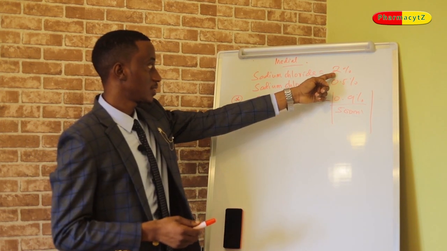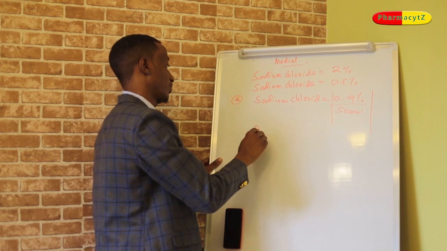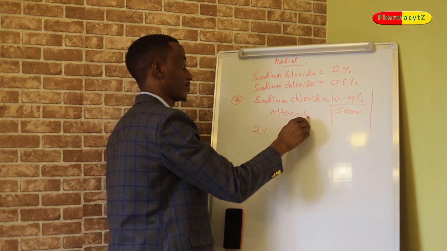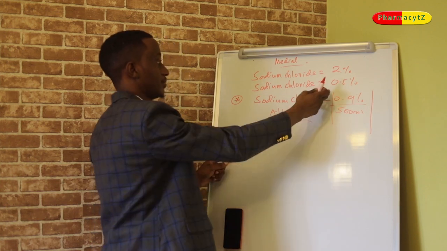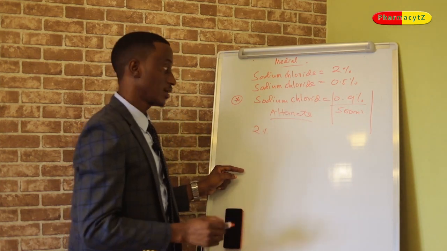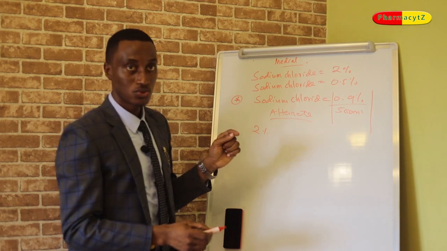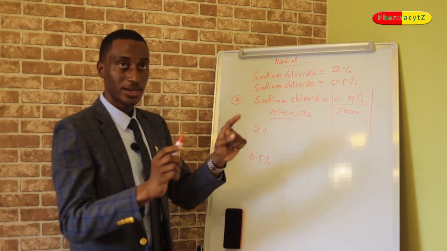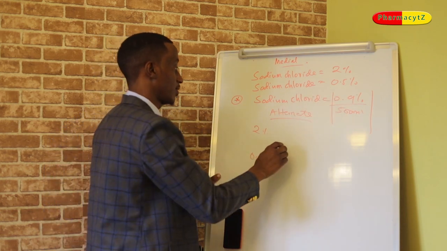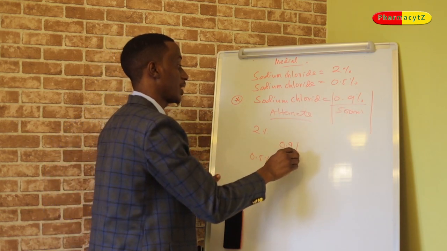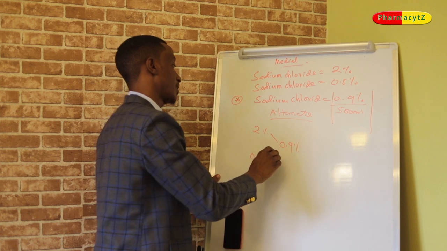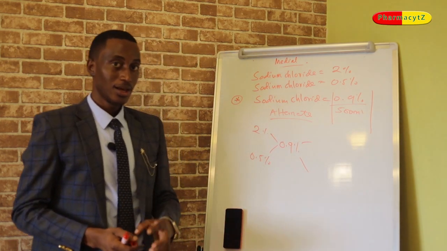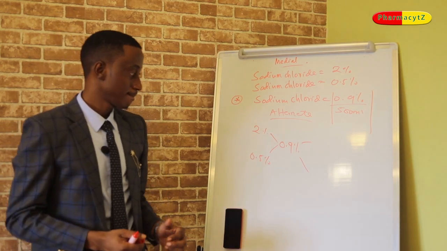So in this sense, what is the highest? That is 2%, so we are going to use alternate here. 2%, that is the highest concentration. Then this is compared to the lowest concentration sodium chloride, this is 0.5, and the required one is 0.9. We need to prepare 0.9% sodium chloride, then we alternate. There's one thing to note here.